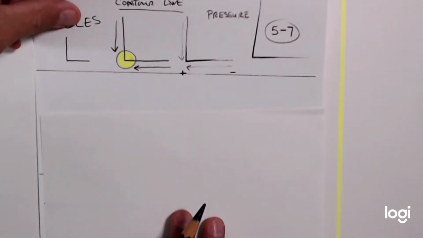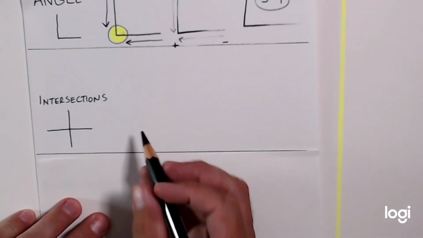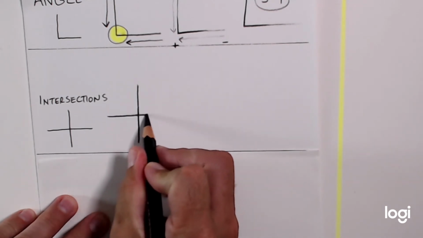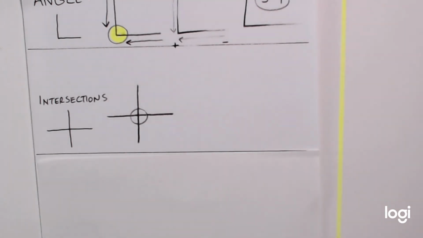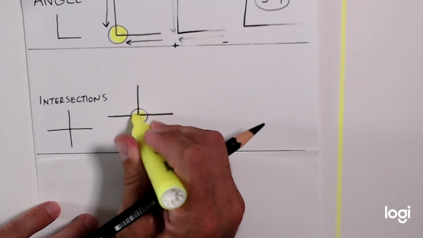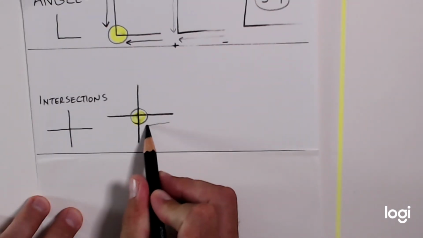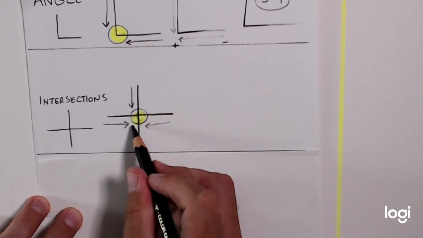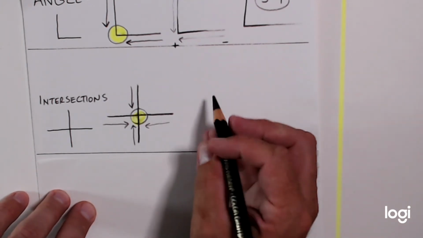Next, we have intersections. Intersections, kind of the same principle. Where our lines meet, we're going to gradually get more intense pressure. Okay, so we'll make our little arrows here just so we can have a good reference when we're going back on our own. And how that would look would be like this.